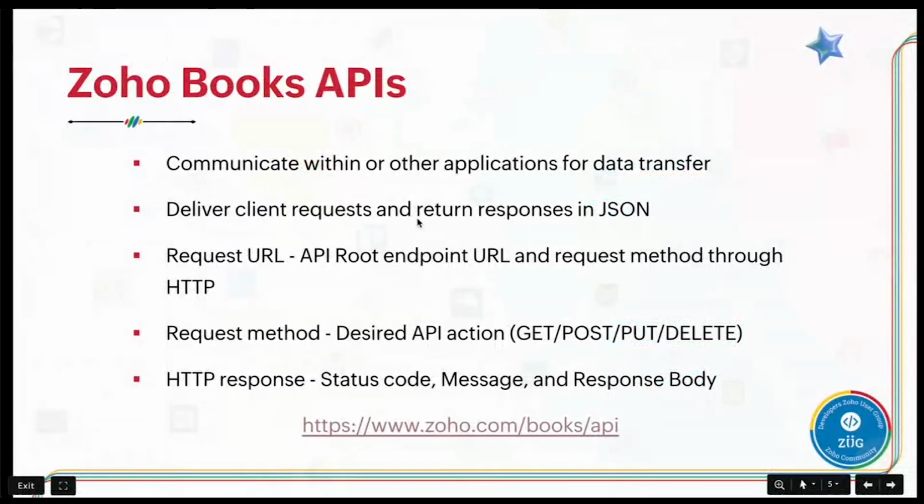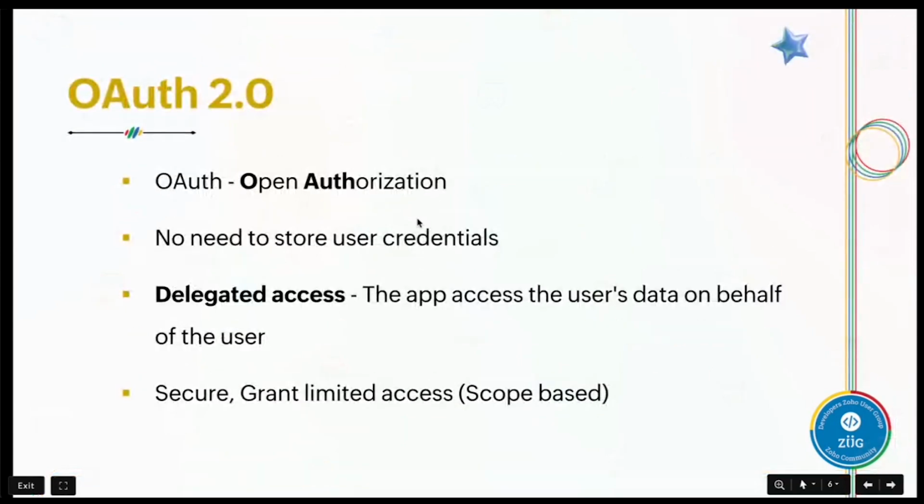In our introduction, I mentioned that the Zoho Books APIs follow the OAuth 2.0 authentication method to authorize and authenticate every API request, right? So let's see what OAuth 2.0 is and how it works. OAuth stands for Open Authorization.